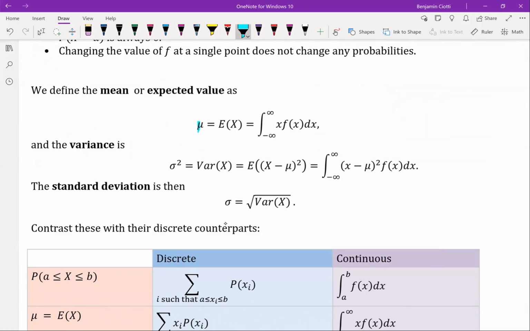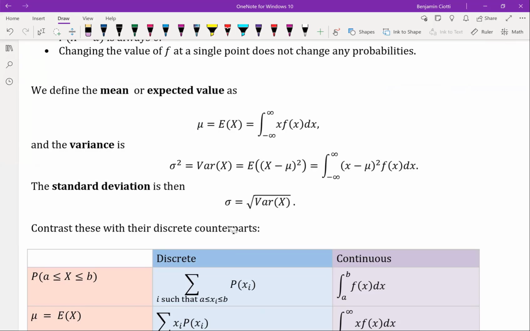Okay, so the mean is mu, and if we take the difference between x and the mean and square it, and then integrate that against the probability density, that's our formula for the variance. As usual, we take the square root to get the standard deviation, the square root of the variance, that is.